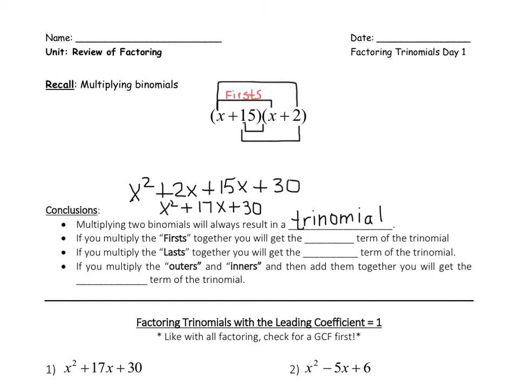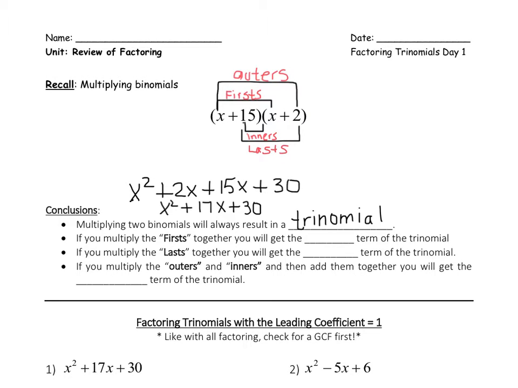So we're going to say the x and 2 are called outers. Then we multiplied 15 and x. These are on the inside, so we're going to call these inners. And then we multiply the 15 and the 2. These are the last positions of each of these parentheses. So we're going to call those the lasts.